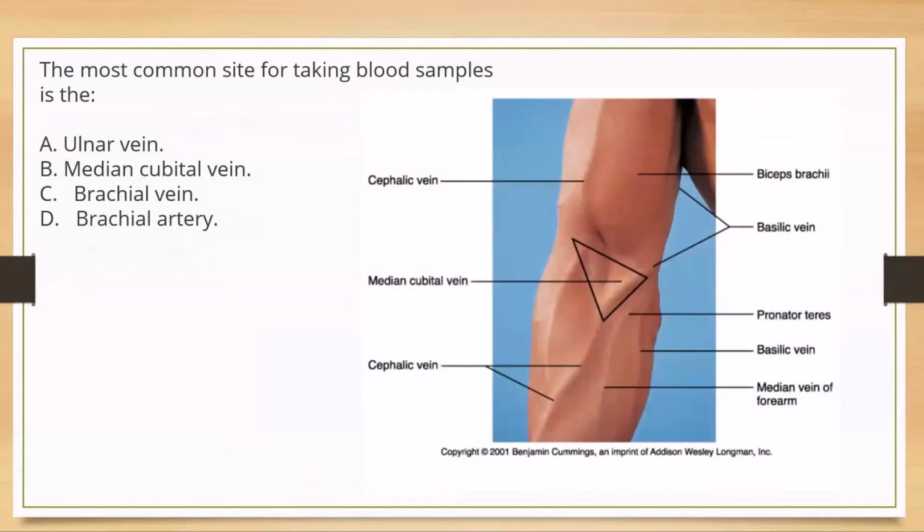The diagram has just shown you what it means. Almost everyone likes to take blood samples there because the veins are so obvious to see or to palpate. So definitely your answer here is B, the median cubital vein.